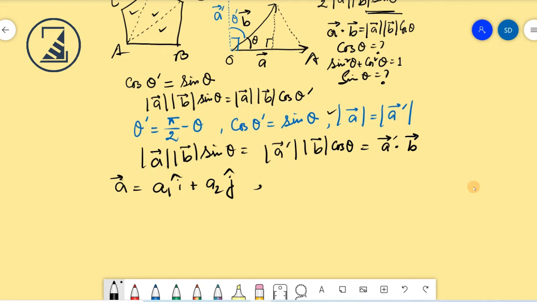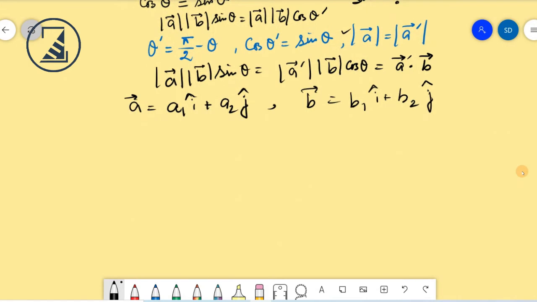We will go into it later. In this section, I am only talking about two-dimensional vectors. So let's say A is a1 i cap plus a2 j cap, and b vector is b1 i cap plus b2 j cap. Now I have to construct A prime. Now how do I construct that?